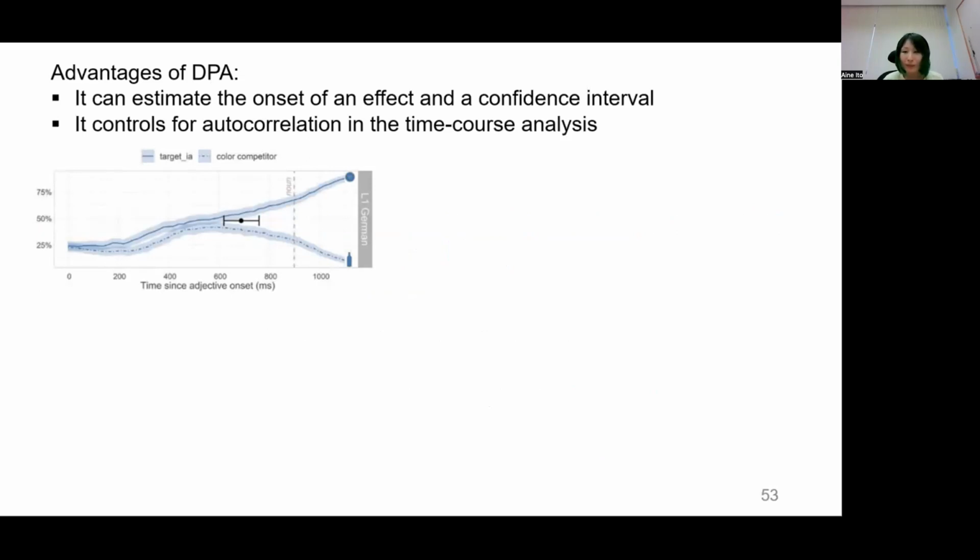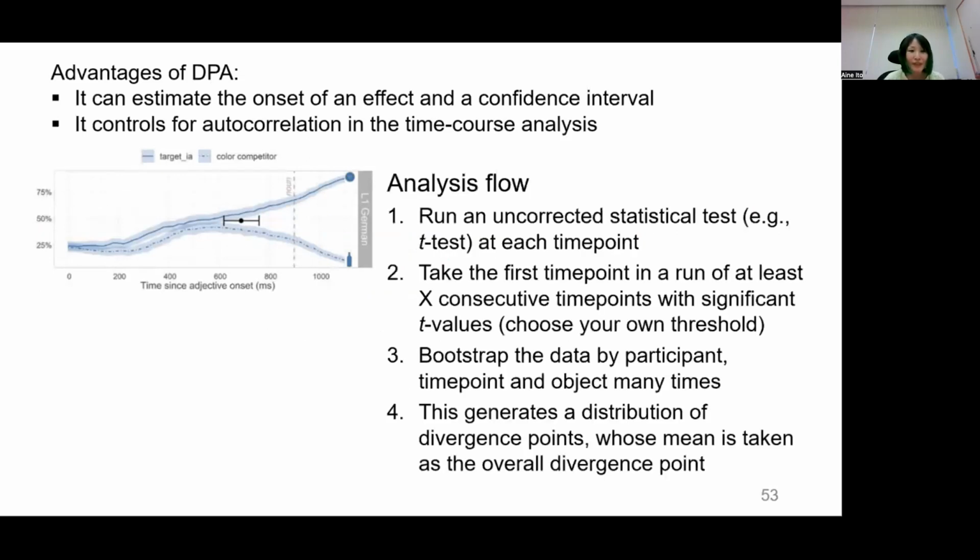So let's look at the analysis flow. What you first do is run an uncorrected statistical test at each time point. So you run a bunch of, for example, t-tests at different time points. And then you take the first time point in a number of consecutive bins, let's say 10 or 20, you will decide which number you put in this X. So let's say 10 consecutive time points with significant t values.